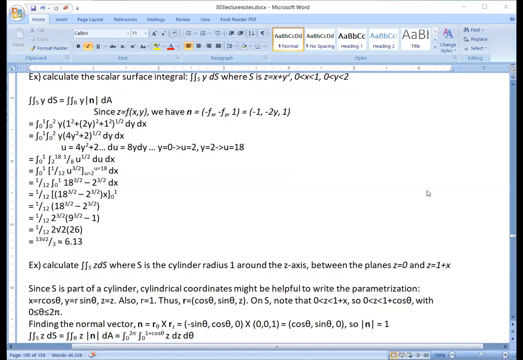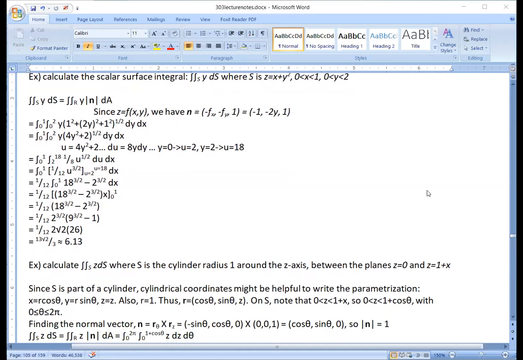Now that we have so much information that we need, let's go back to the surface integral. So the scalar surface integral was the double integral over the surface of z dS. Now let's convert everything. We know that z, written in the new parameters, is just z. That's very helpful.